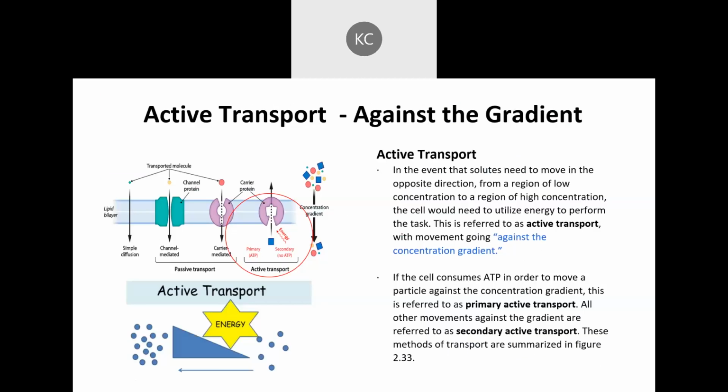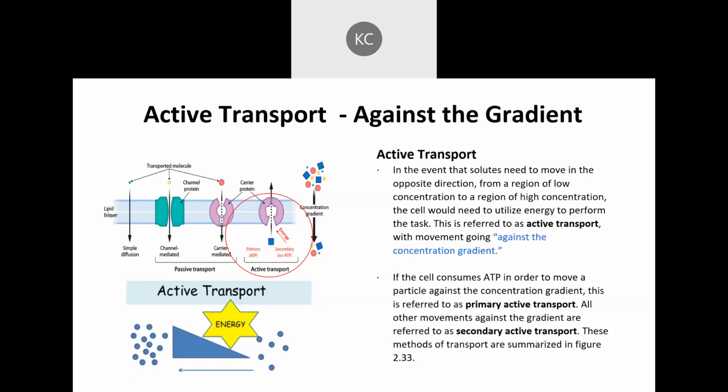When we look at active transport, we can have different types of active transport. There's something called primary active transport, and there's something called secondary active transport. Primary active transport is the direct use of ATP to move molecules or ions against their concentration gradient. So we're directly using ATP.